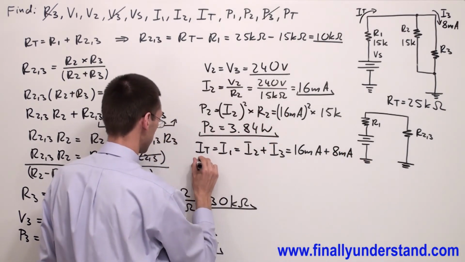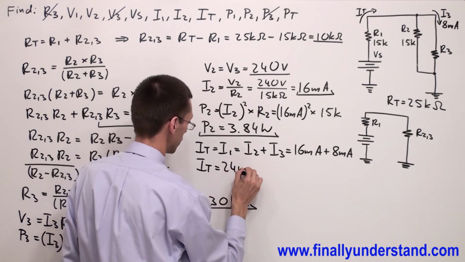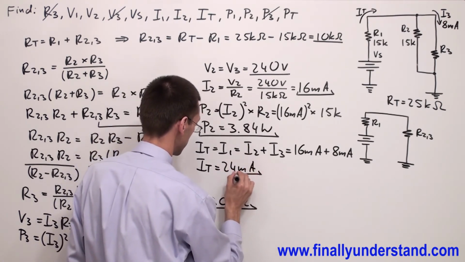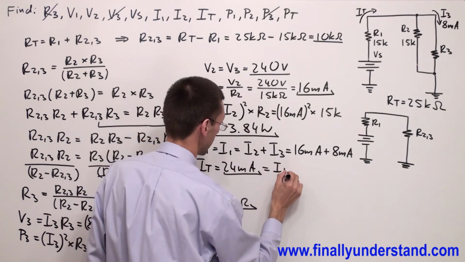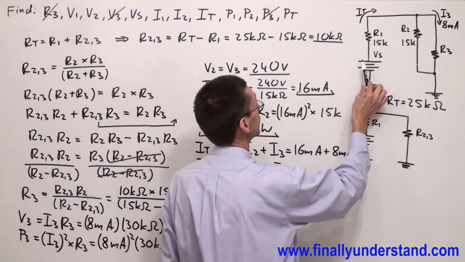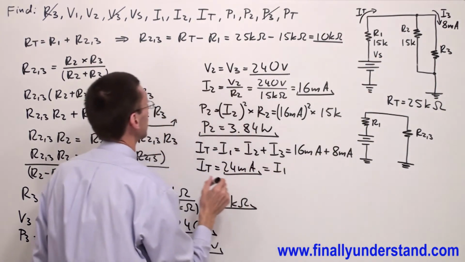So I total is equal to 24 milliamps. Okay, this is my I total, and this is also equal to I1. Please notice that total current will go through the resistor R1. That's why I total is equal to I1.